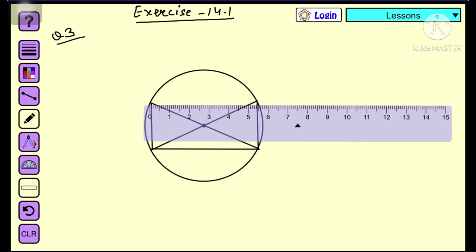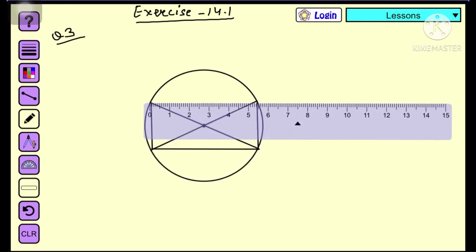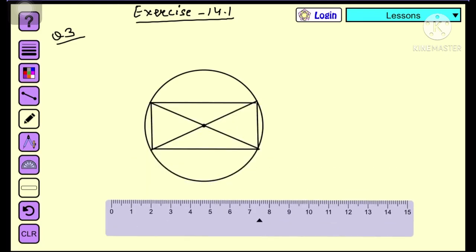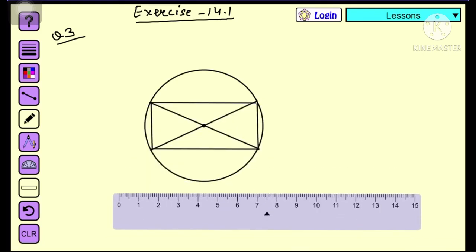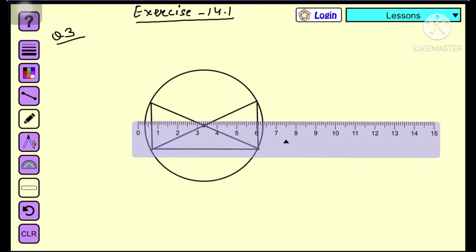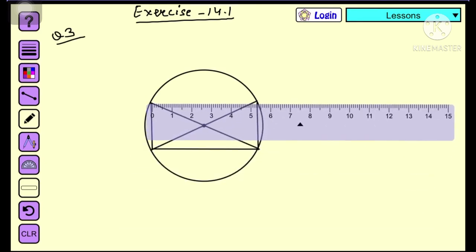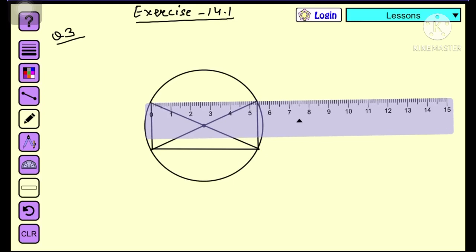Similarly, upside. So can you tell me which figure we have obtained? Which figure we have obtained? It is a rectangle. Yes, now it is correct.